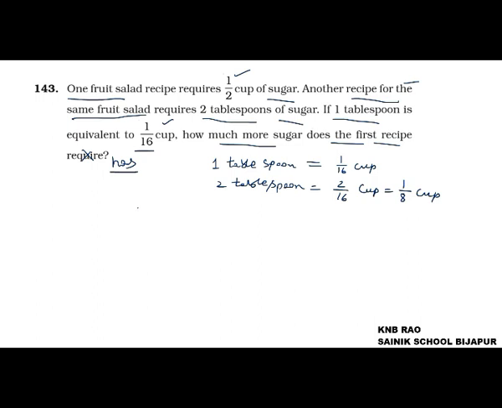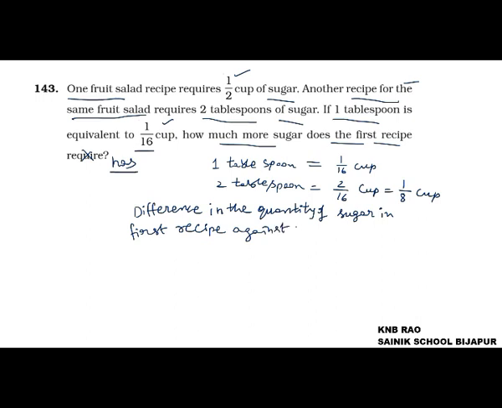So the difference in the quantity of sugar in the first recipe when we compare with the second recipe will be half minus 1/8.